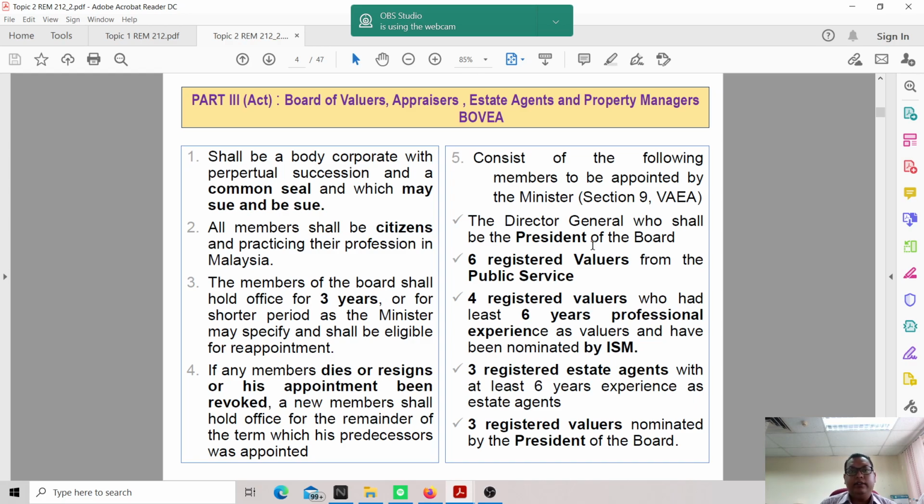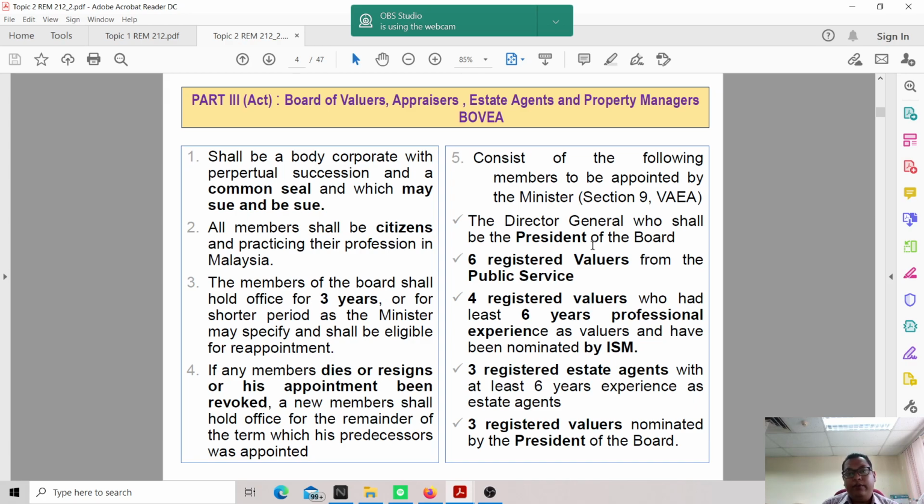So in this case, based on the Act, the Director General of the Valuation and Property Services Department, or as we know, JPPH. So the Director General, or Ketua Pengarah Jabatan Penilaian. So the Ketua Pengarah has very big powers, and he becomes the President of the Board of Valuers.